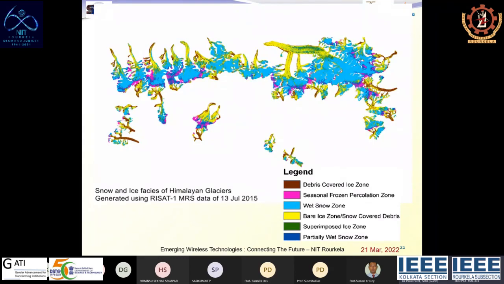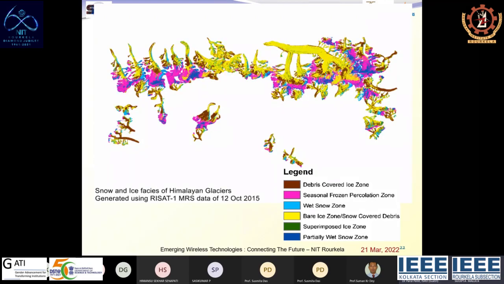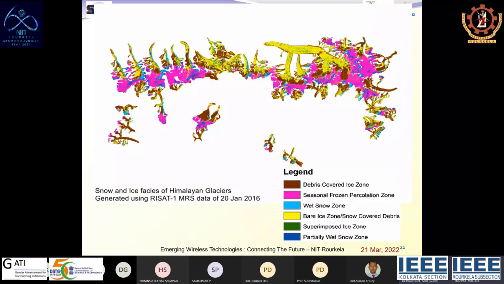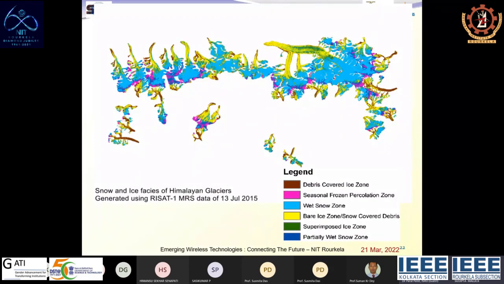That tells us about the amount of snow melting which will be there, and how much water will be available, and we are able to map these inaccessible areas very accurately using micro remote sensing. This is C-band, RISAT-1 C-band multipolarized data utilized for this purpose.